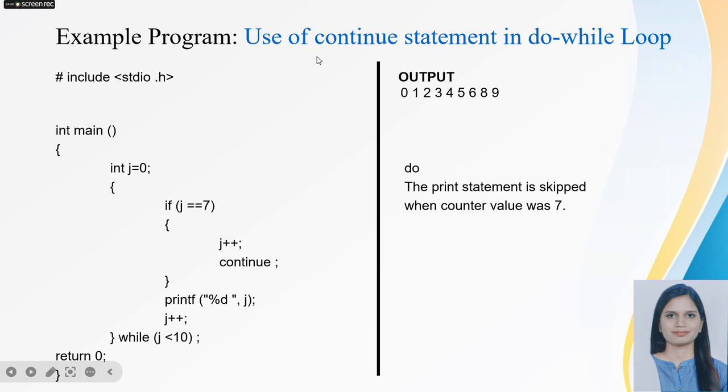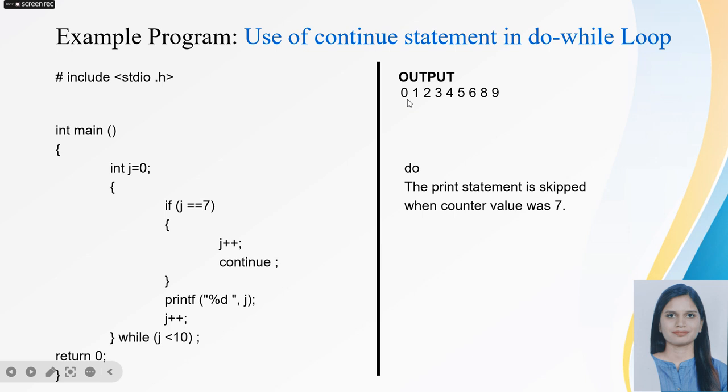Example program showing the use of the continue statement in a do while loop. It has #include <stdio.h>, the header file, int main function, int data type, j initialized with value 0, and if the condition is true, then printf with "%d" for j, and while condition check.